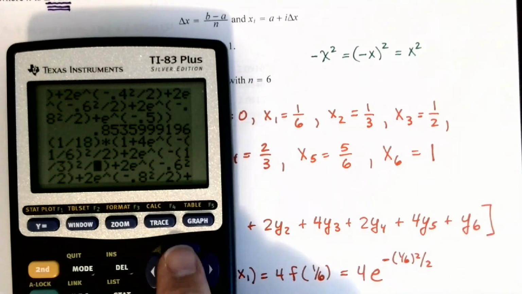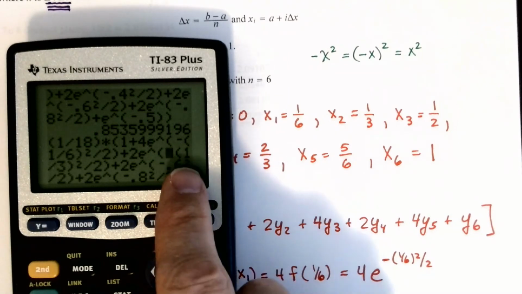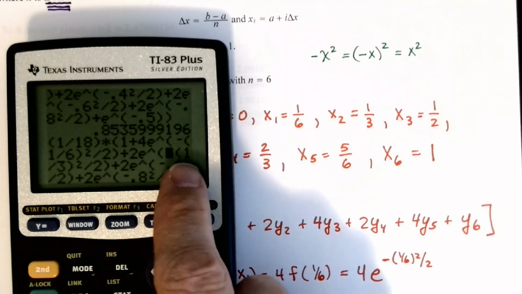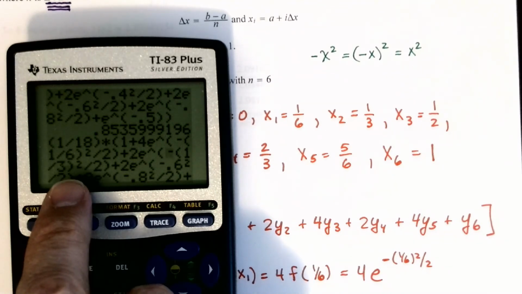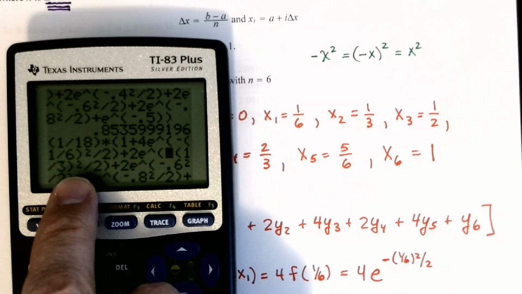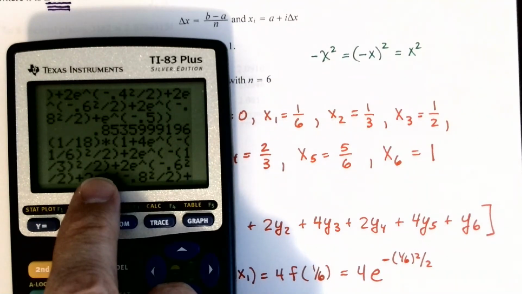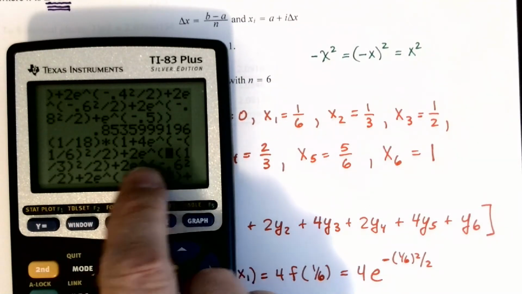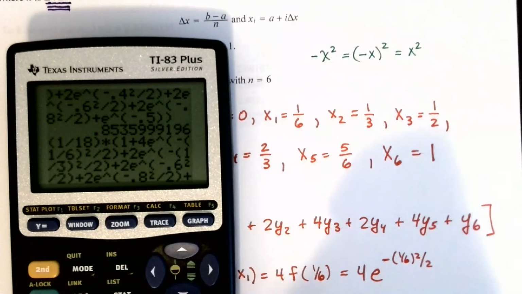Again, notice my negative sign, I'll move the cursor up to that, is outside that particular parentheses. So I've got nested parentheses, with parentheses around the 1/3. I do the 1 divided by 3 first, square that, then multiply by -1, divide by 2. You see the parentheses opening there and closing here. Then I will evaluate e to that power. That's the way you want the calculator to do it.